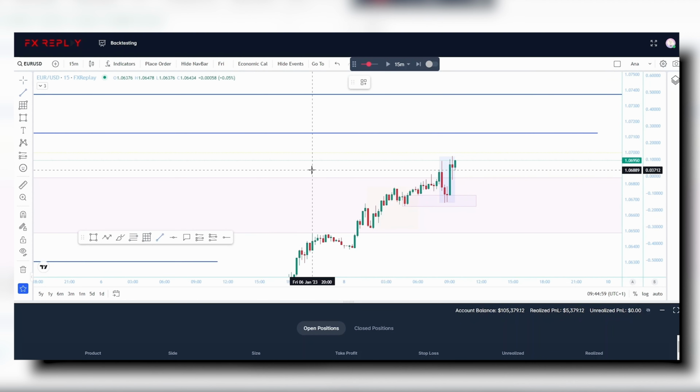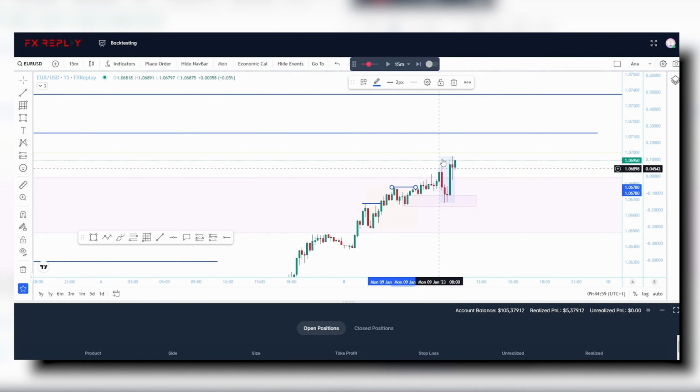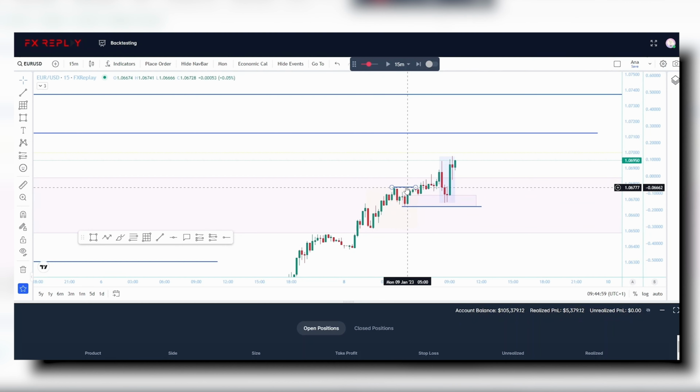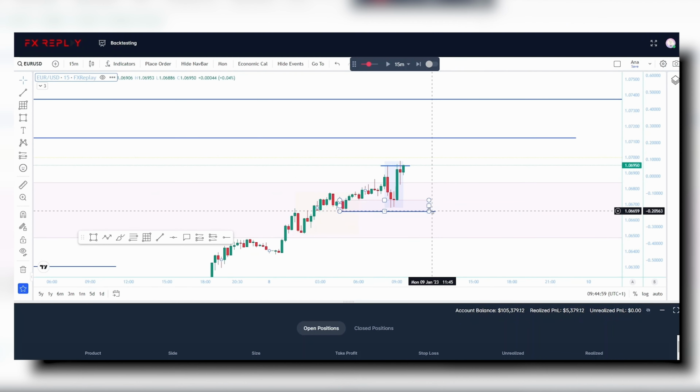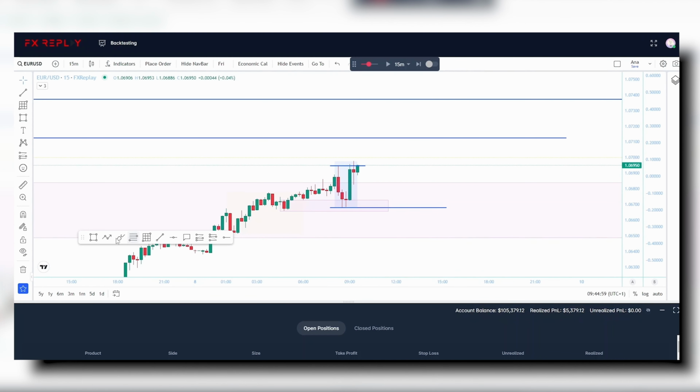Well, if we look at market structure, we can see that when price broke on the upside, this was the lowest point. So this was our low. In this case, price broke again. Where is the next low? The next low is this one here.